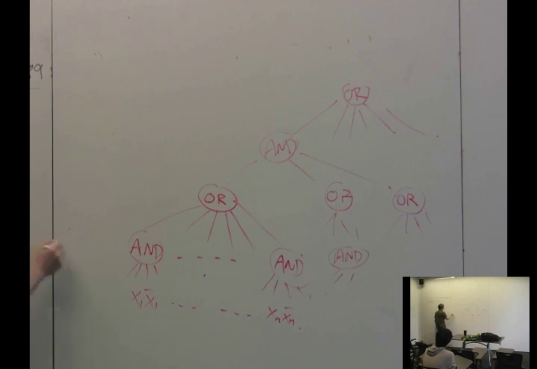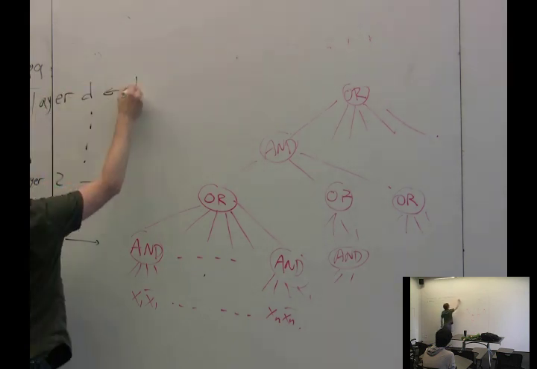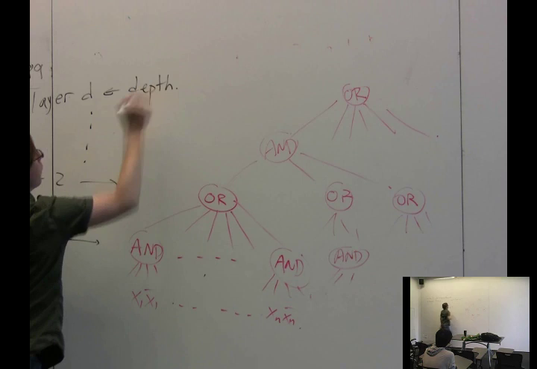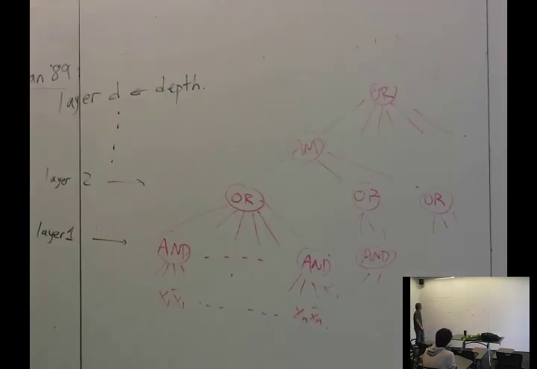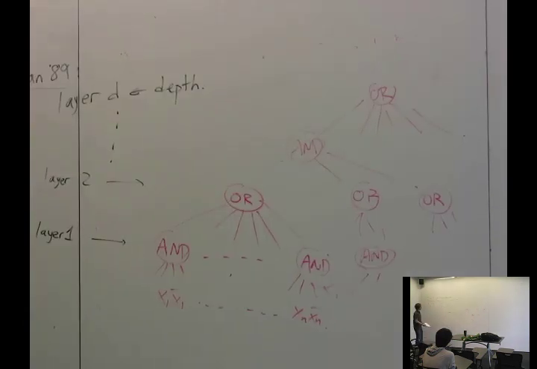So this row here is called layer 1 of gates. This is layer 2. OK, and in general, it goes up to layer D. And that's called the depth. So CNFs and DNFs are depth 2. And we also have the parameters size and width.